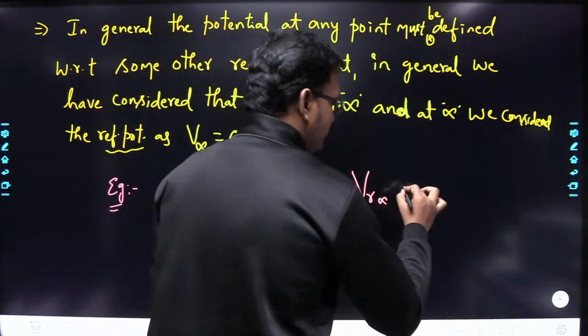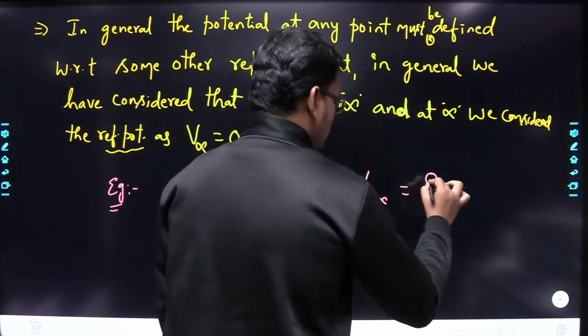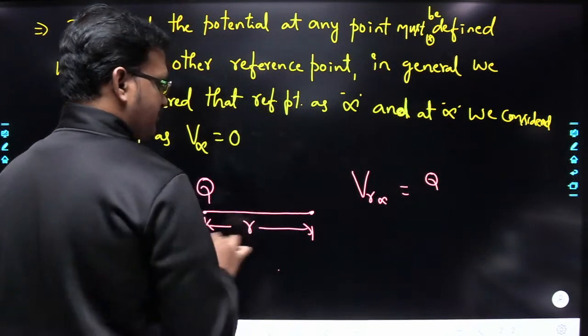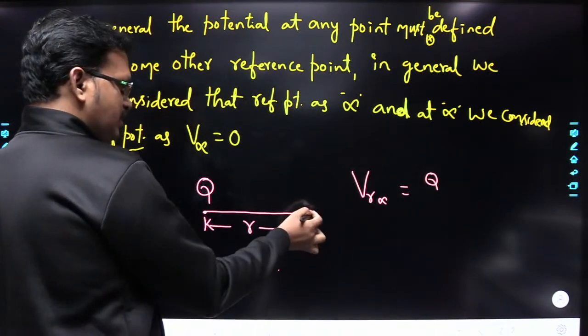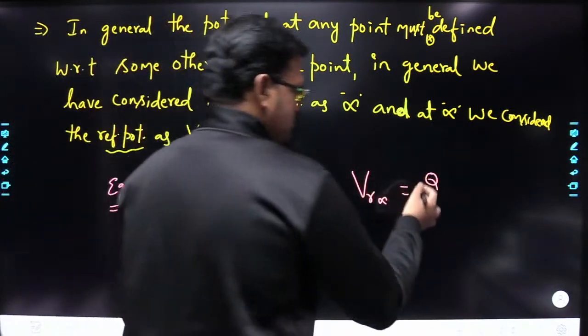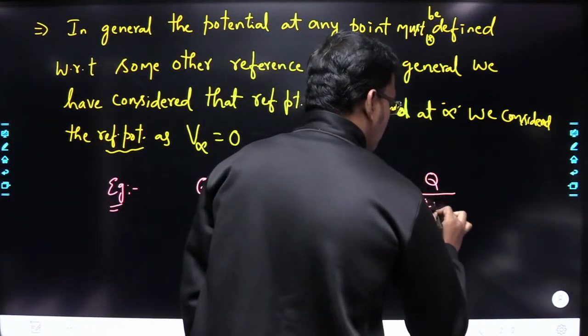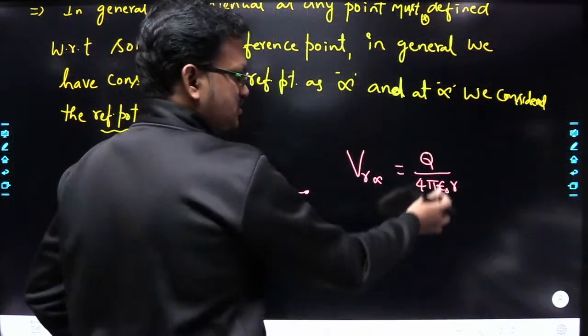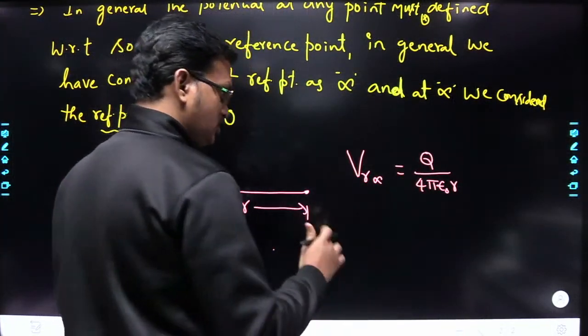So V_R infinity is equal to Q by, don't take this small q here, I am just writing the potential. The potential at this point R due to this capital Q is equal to Q by 4 pi epsilon naught R. If the medium changes, then this epsilon value is going to change, right?